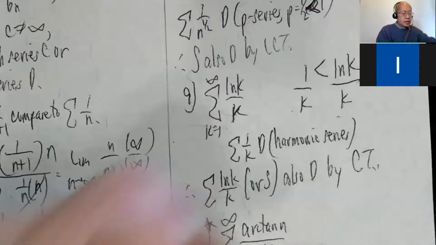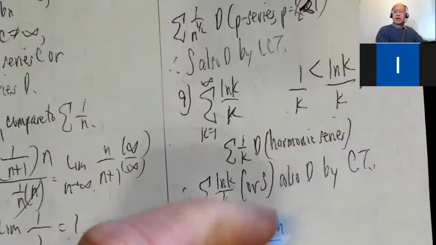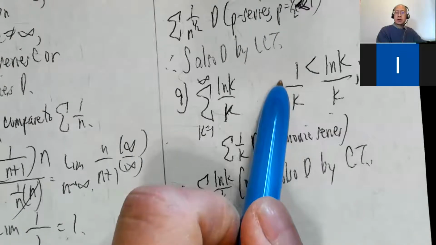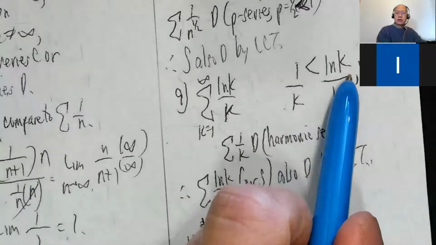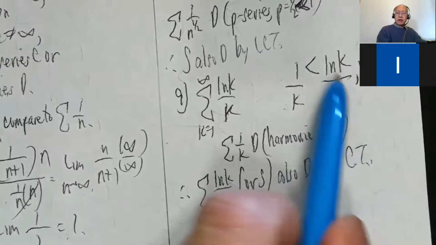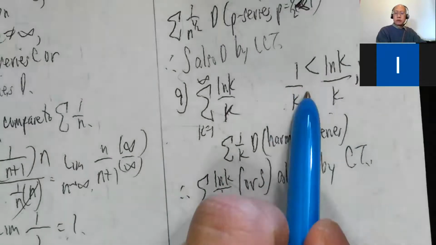I should add this is for k greater than 2, I believe. ln 2 is smaller, it's 0.693. But in the long run, eventually, this is true.